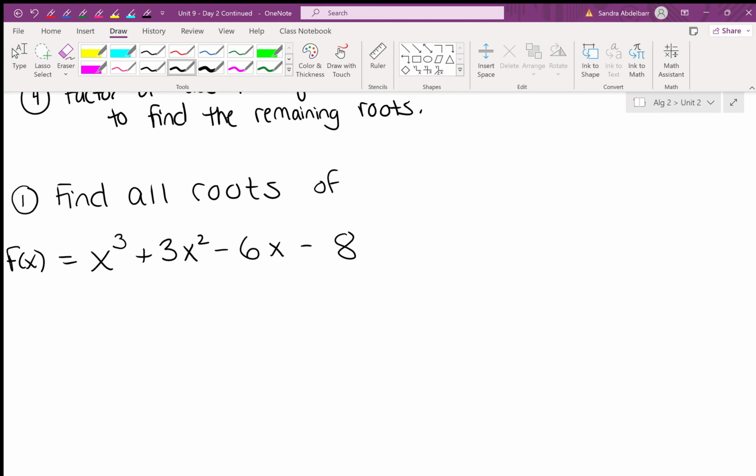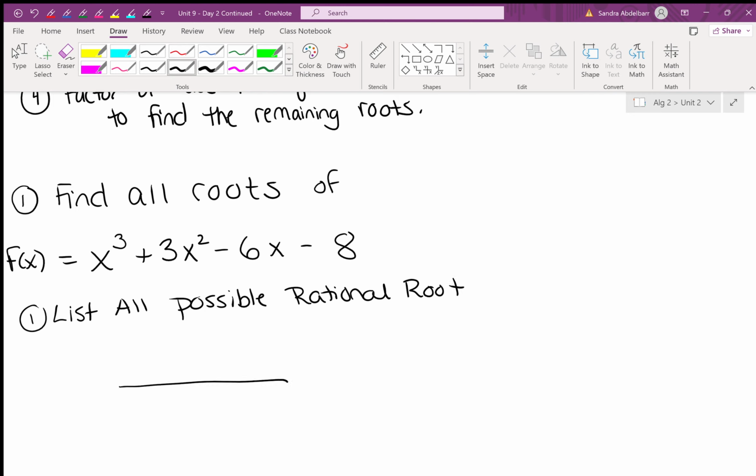Okay, what do I want us to do? Step 1, list all possible rational roots. And how do we do that? Factors of the constant over factors of the leading coefficient.